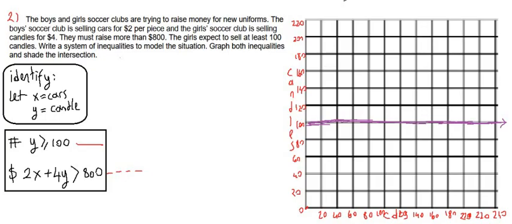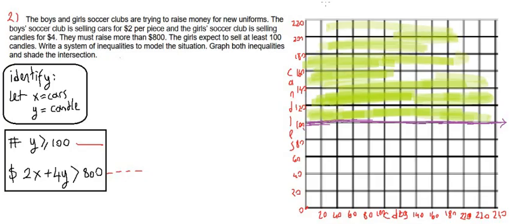Our constant is 100. Now we shade above this line because it says greater than or equal to. So anything above this line satisfies that constraint.